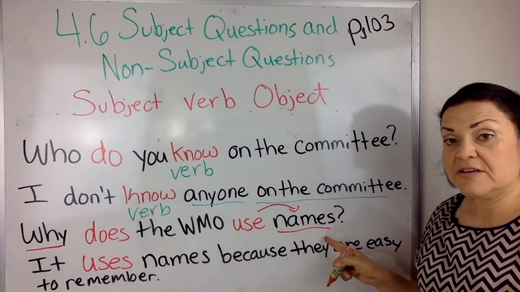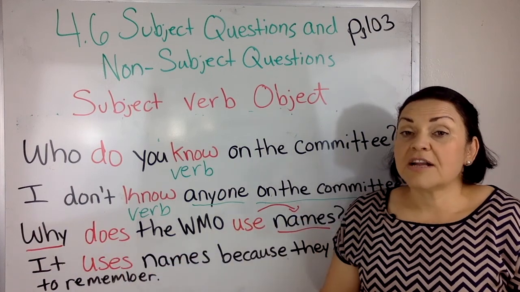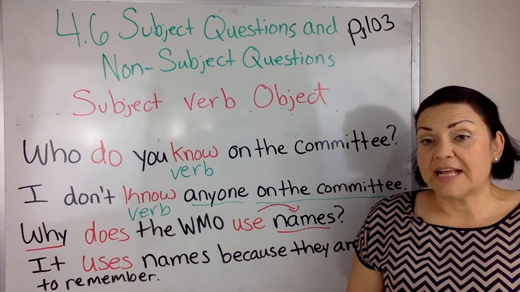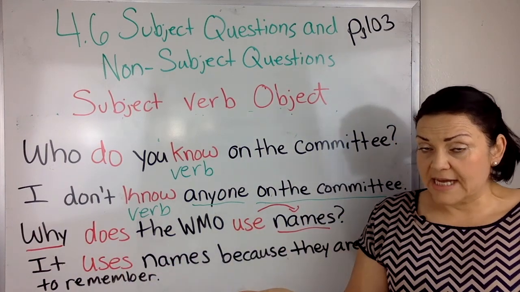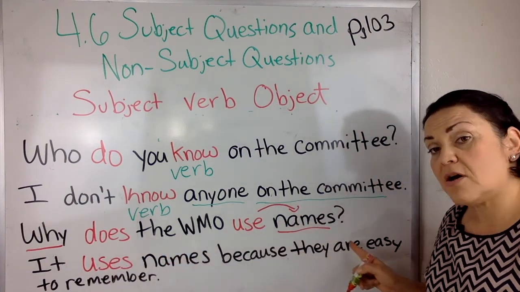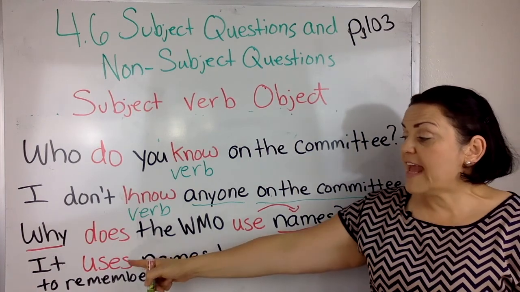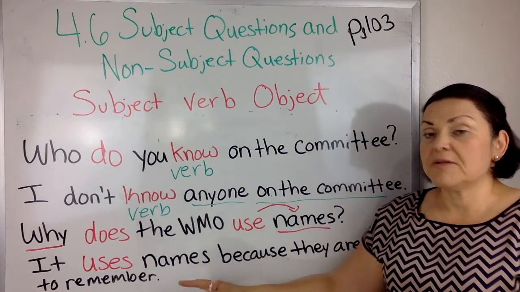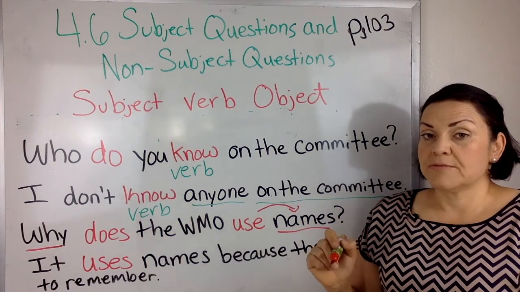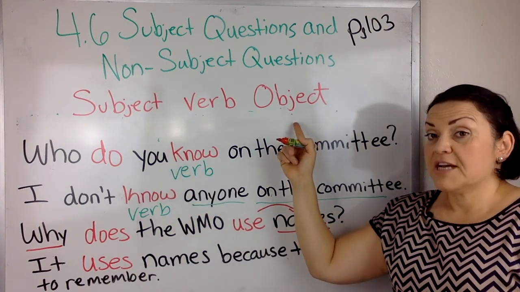This answer does not have do in there. A lot of times, you can make a short answer like I do or he does, or you can make a long answer because it needs one. So remember, if the answer comes after the verb, you will use do or does, if it's about the object.